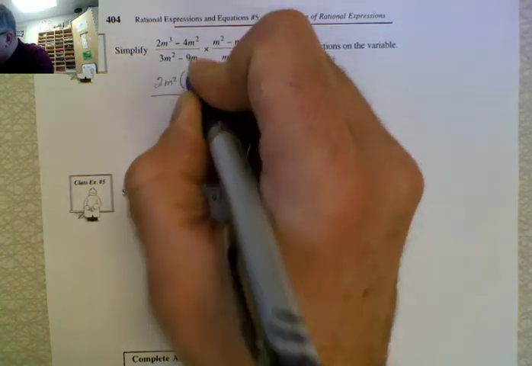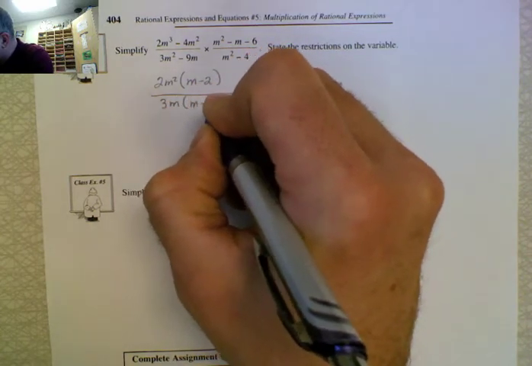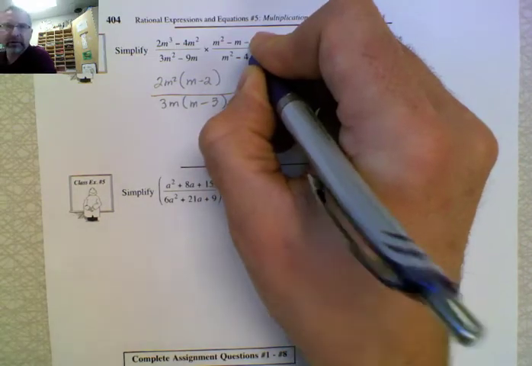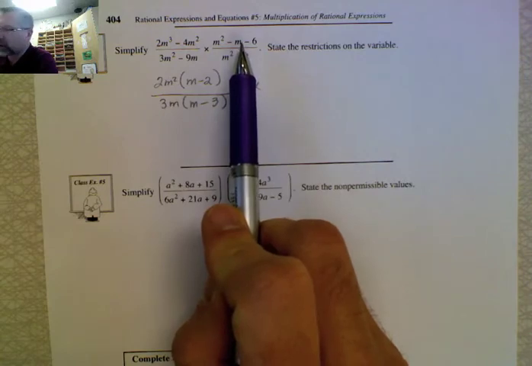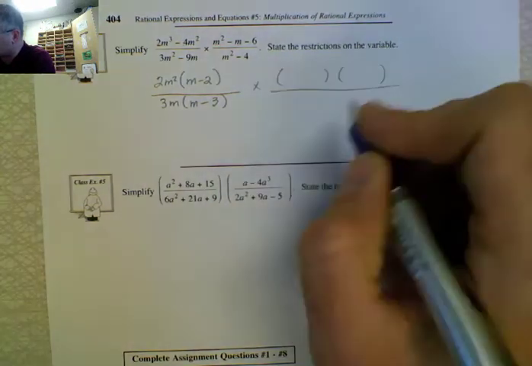In my denominator, I can take out a 3m, and I'm left with m minus 3. If I factor my numerator, remember, anytime you have to use box method, you can do that on a scrap piece of paper and then write down your two binomial factors that you get.